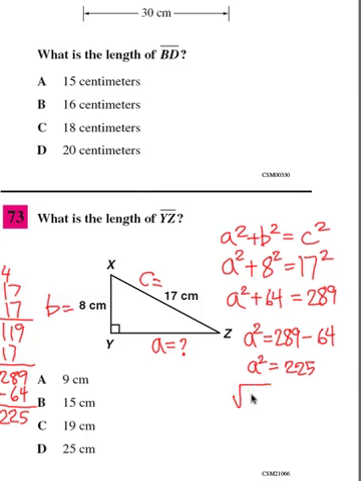The square root of a squared equals the square root of 225. A equals 15. The answer is B.